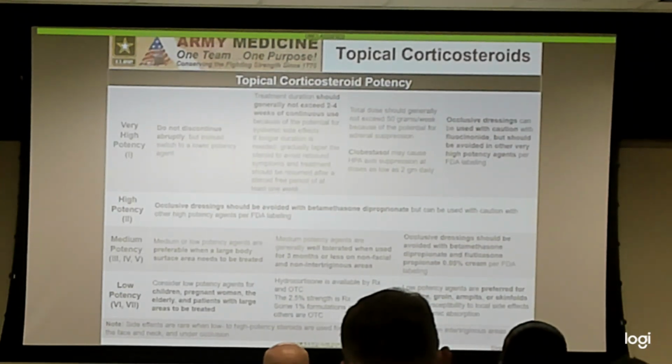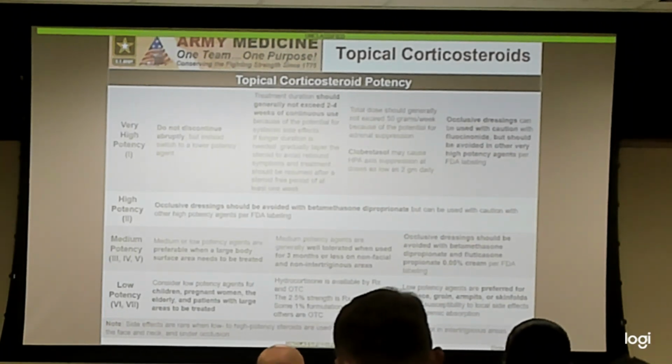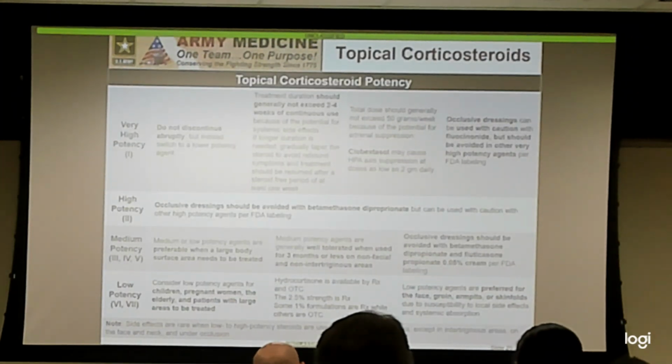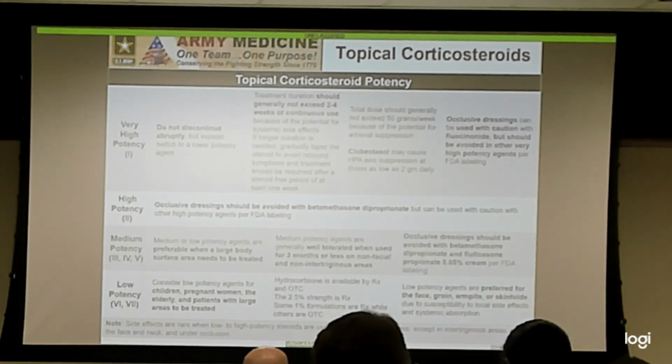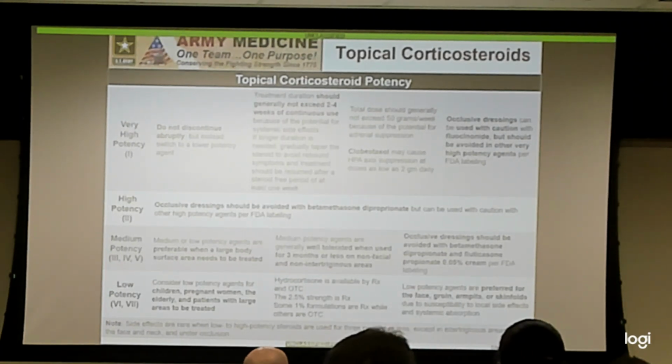Okay, so this is talking about our different potencies that we have. Going back, this is just tying into this table, okay? When we are using our steroids, we want to make sure that depending on the duration, depending on the area of the skin it's in, the age of our patient, all of these things come into play whenever we're dosing and choosing which corticosteroid we're going to use.